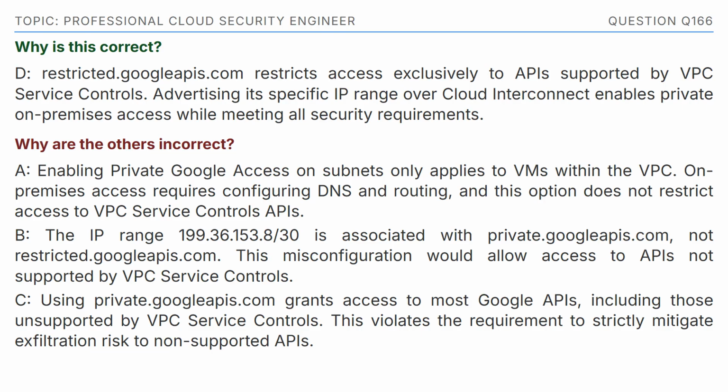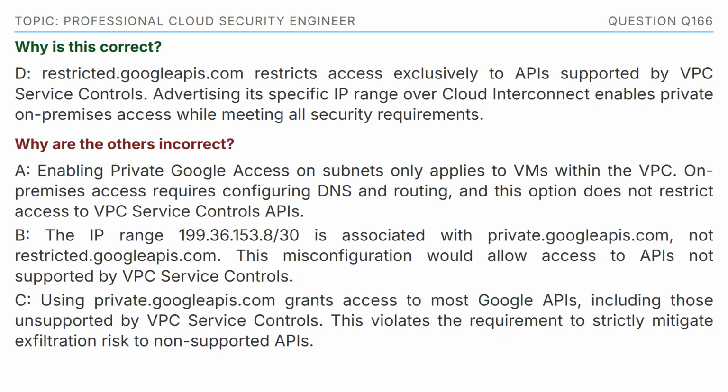Why are the others incorrect? A. Enabling private Google access on subnets only applies to VMs within the VPC. On-premises access requires configuring DNS and routing, and this option does not restrict access to VPC Service Controls APIs. B. The IP range 199.36.153.8/30 is associated with private.googleapis.com, not restricted.googleapis.com.